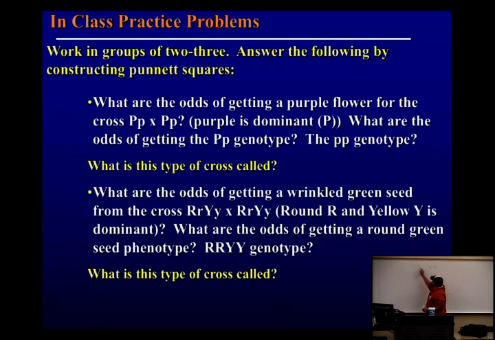What's your genotypic ratio for, what's that cross called? Monohybrid. What's the genotypic ratio? That's the phenotype. So what's that one then? 25%. Yeah, so 1/4. What's the odds of getting big Y from that cross? 1/4. So what's 1/4 times 1/4? So that's the probability, 1/16. You guys get it? All right.